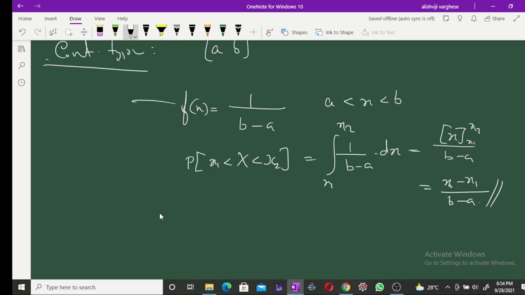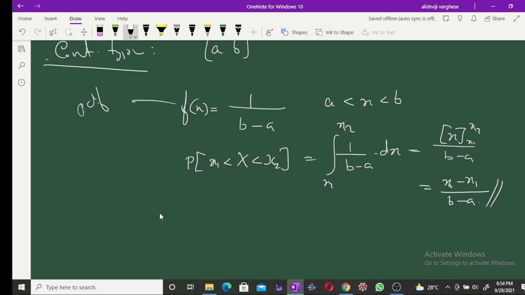So this is the probability density function of a random variable which takes a continuous set of values in between a and b, and the probability is uniformly distributed for all values of x in between a and b.